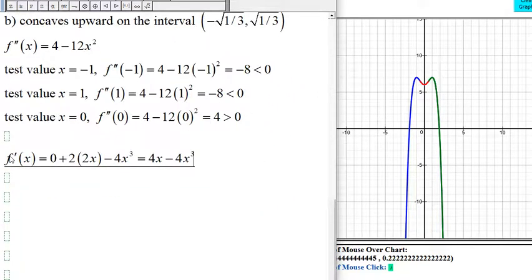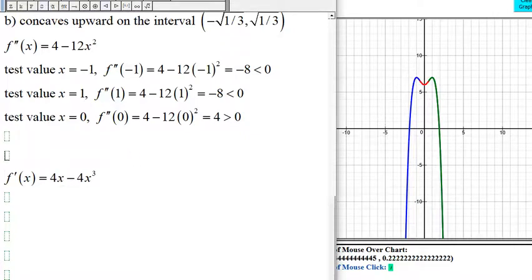Because there's also a connection between the second derivative and the relative maximum and minimum. So to find maximum or minimum, we set this equal to 0 and solve for x.